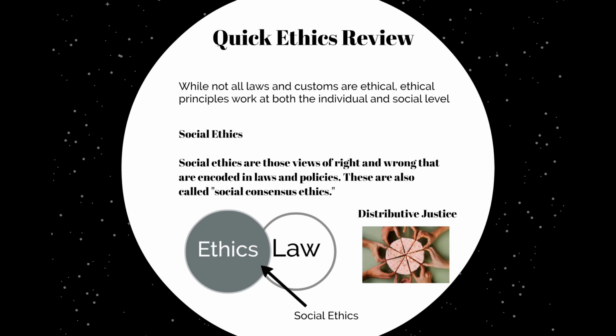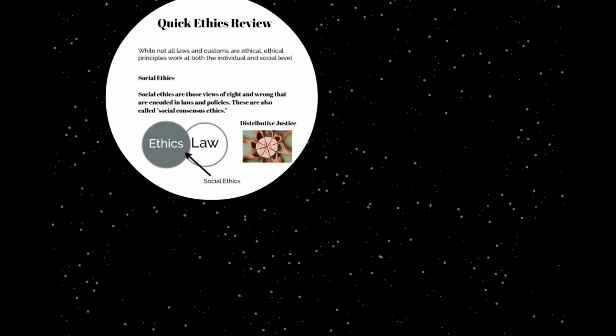Both from a legal perspective and from an ethical perspective, that is seen as quite bad behavior, in addition to being not good neighborly behavior at all. So a social consensus ethic is these sort of rules of thumb that we follow that are encoded in social mores and in legal statutes.